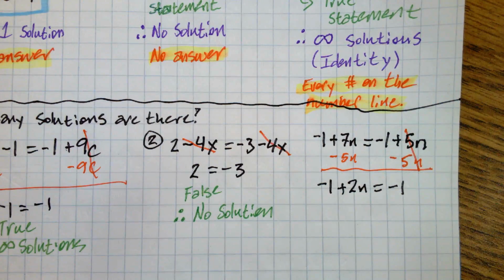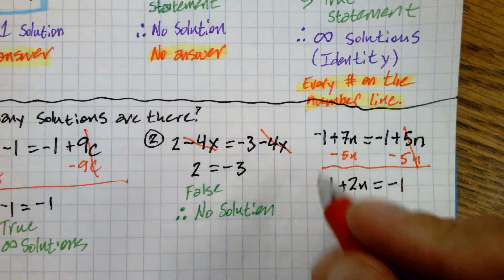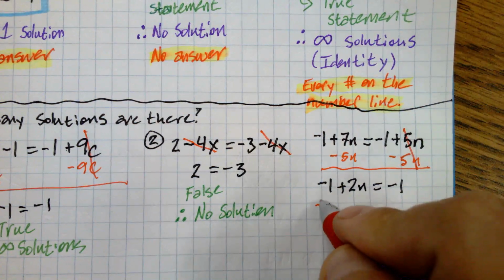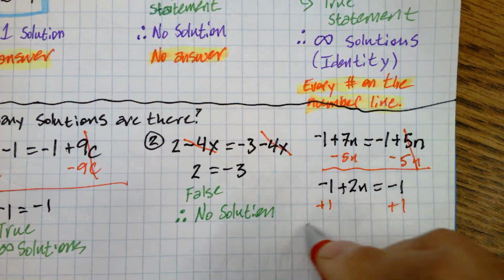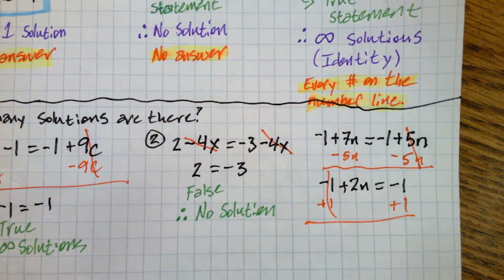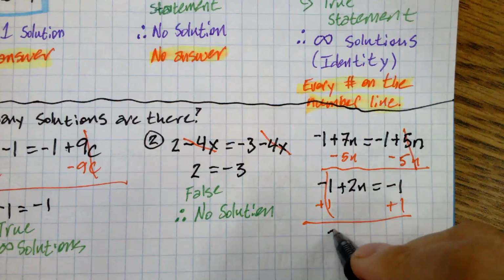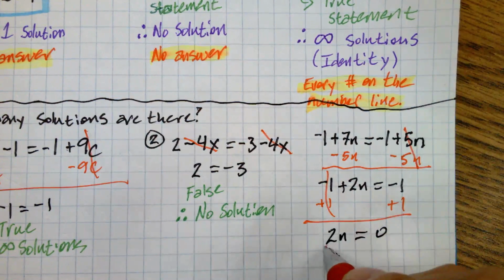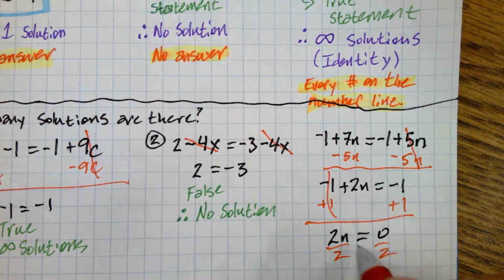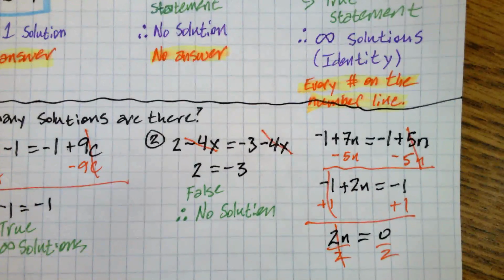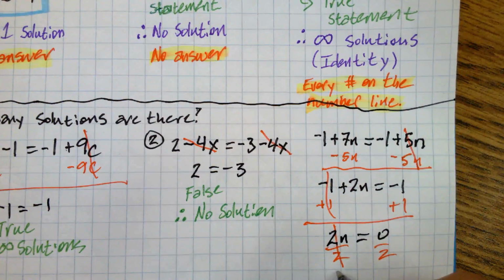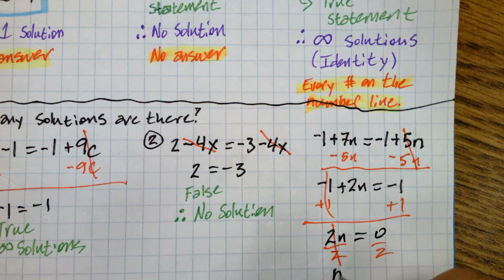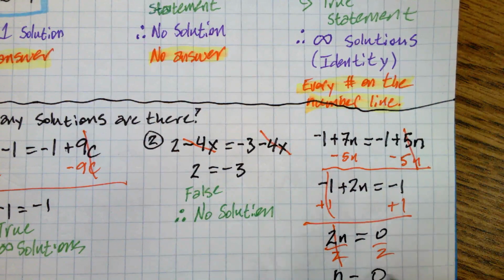And that's a good point that it is 0, because I see a lot of people do this. They solve it perfectly. They get 2n equals 0. Divide by 2. And like Gabriel said, 0 divided by 2 is 0. You end up with n equals 0.